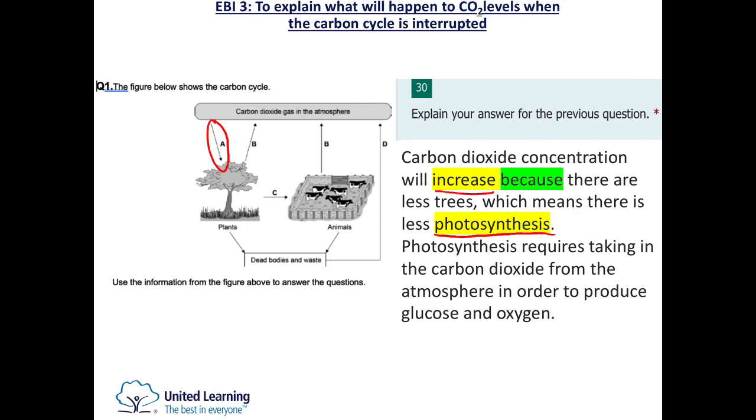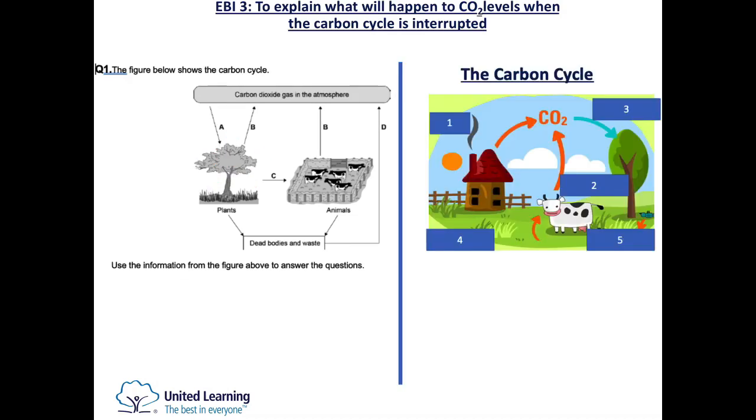Photosynthesis requires that carbon dioxide from the atmosphere in order to produce glucose and oxygen. And that is the reason why carbon dioxide gas will increase. So if this was cut down, then this is also removed. So that's what's going to happen.